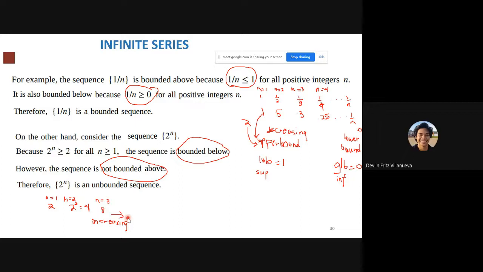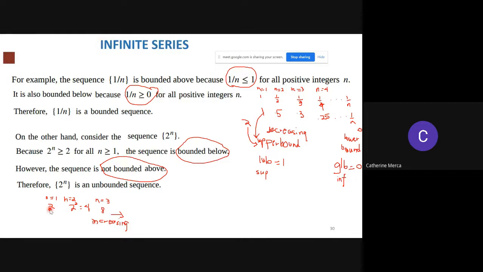Yes, ma'am. Okay. If it is increasing, notice that the lower bound is 2, since that is the smallest term. But notice that after 8, the next terms are 2 to the third, 2 to the fourth, and 2 to the infinity. Unbounded siya above.